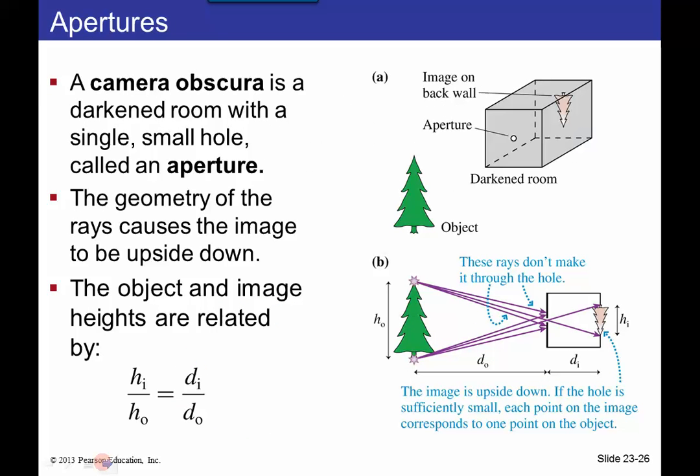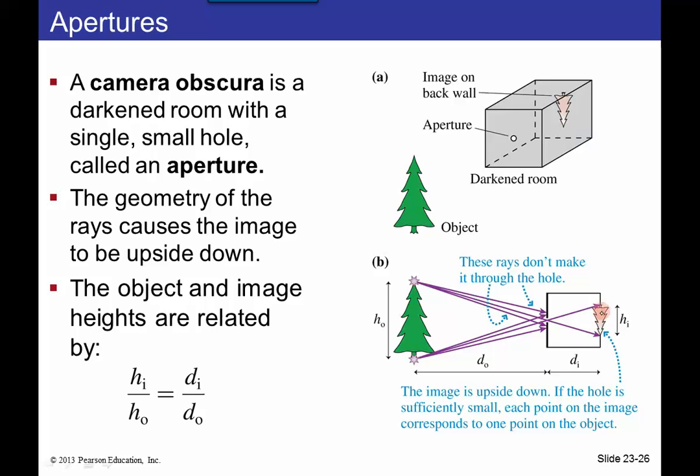And then you have apertures, and for instance, here you have this little hole. You can draw a ray diagram, and you only pick this point and this point. Out of this point, you get these rays and only one goes through, and this is this one here. Out of this point, you get rays coming in various directions, but only one is going to go through, and this goes here.